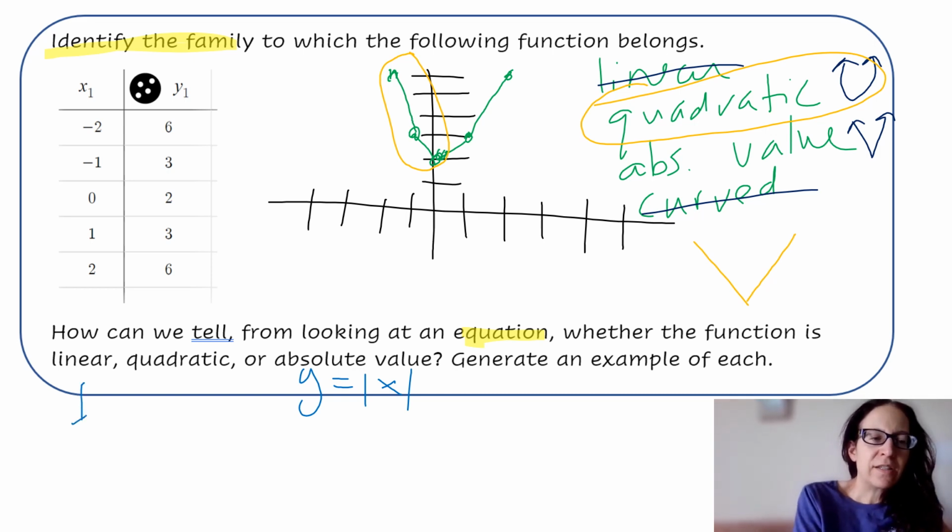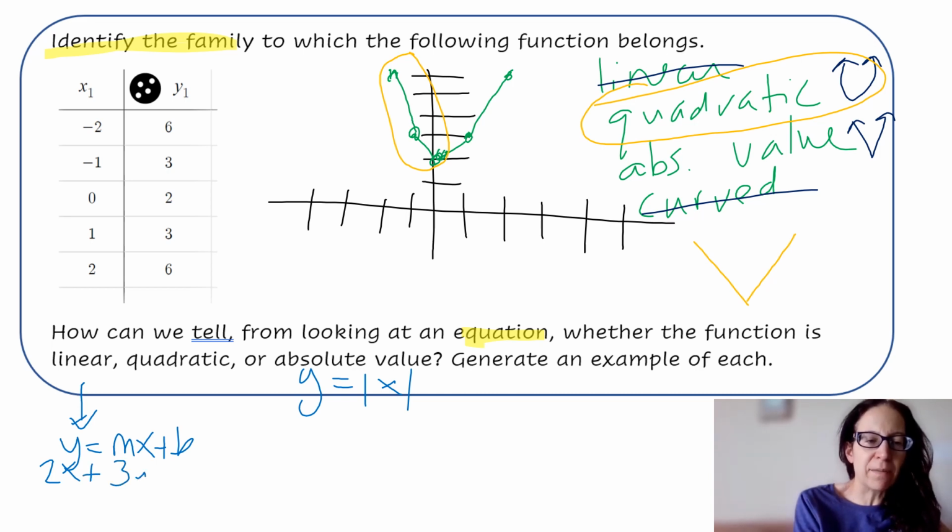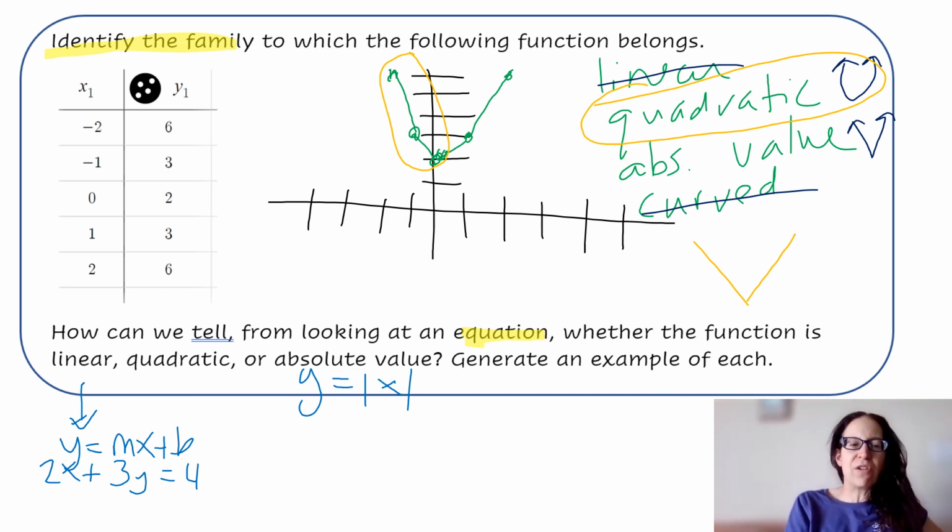Lines take two main forms. One of them is your slope-intercept form, and the other is what's called standard form, which we do see. I'm making up some numbers here. The key thing with a line is that you would have an x and you'd have a y, and just an x and just a y.